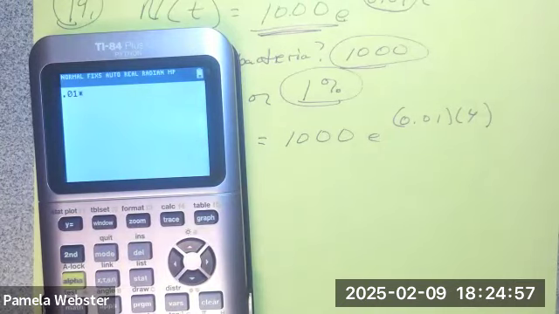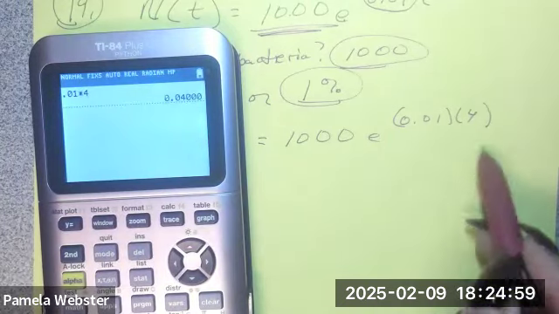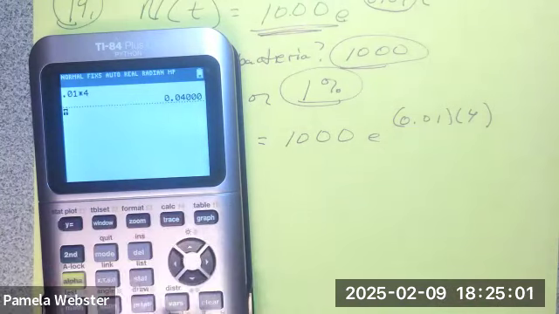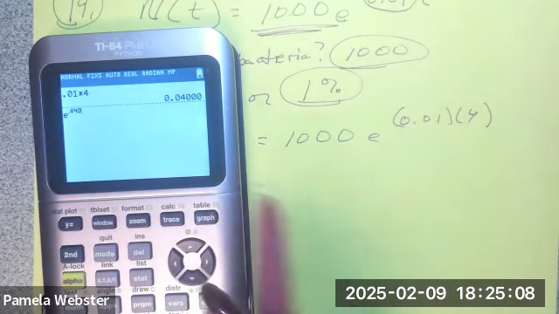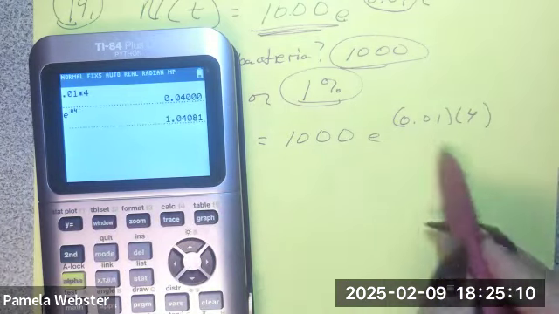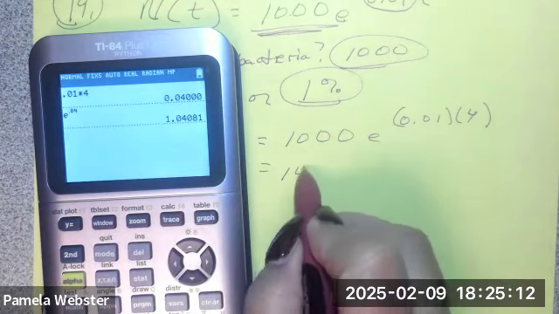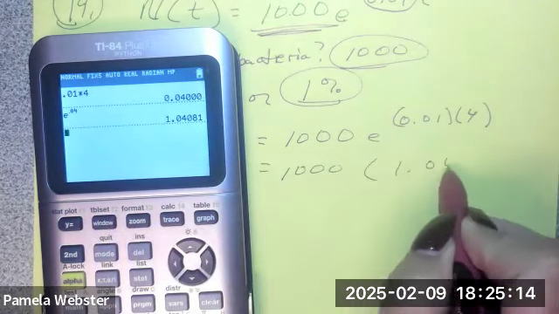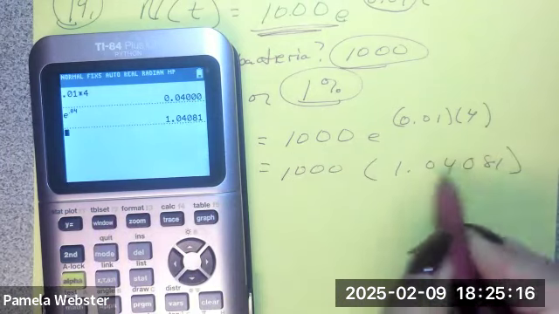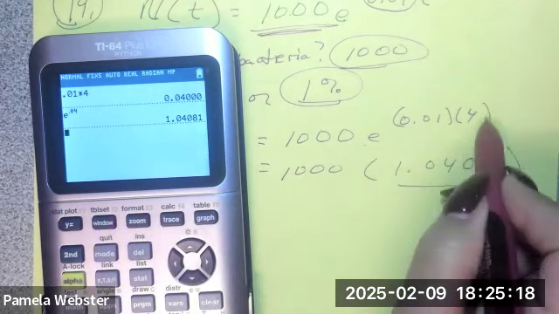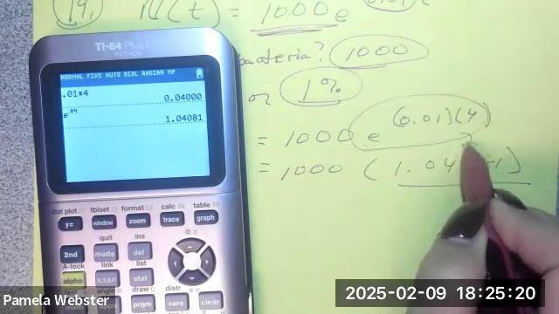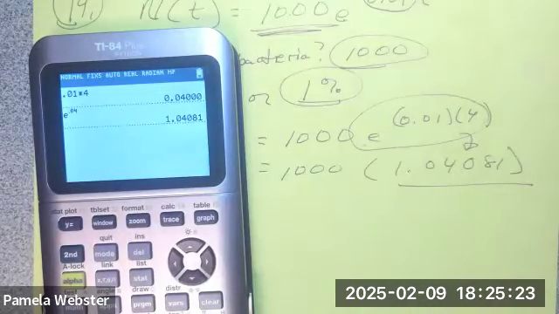0.01 times 4. That's my exponent, right? So I'm going to do e raised to the, and I'm just going to put in 0.04 because that was what that is. Okay, that's this number. You don't have to write it down. I'm just writing it down so everybody knows this number is right there. Okay.